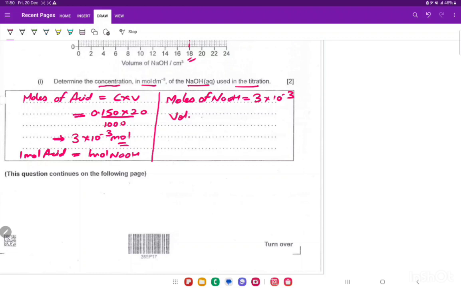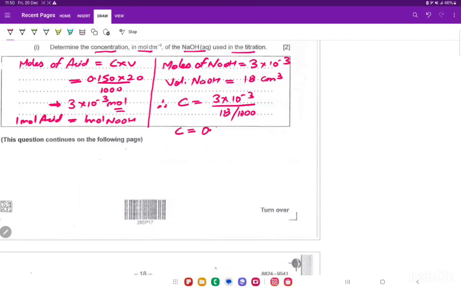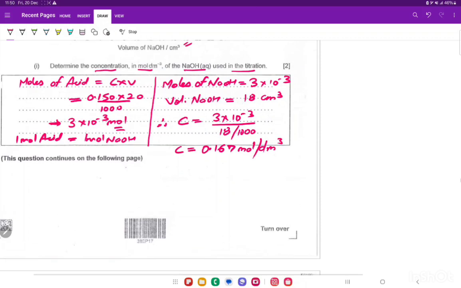Now, the volume of NaOH we found is 18 cm³. Therefore, the concentration will be 3 × 10⁻³ divided by 18 divided by 1000. On calculating, we got the concentration 0.167 mol dm⁻³, which is the concentration of the NaOH.